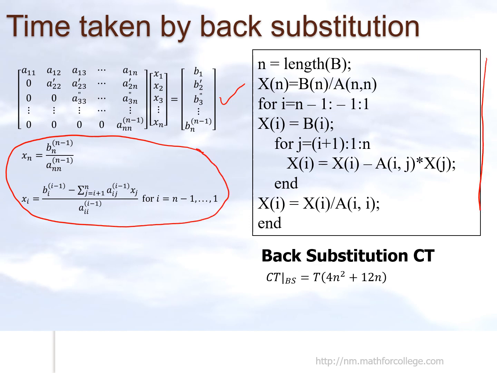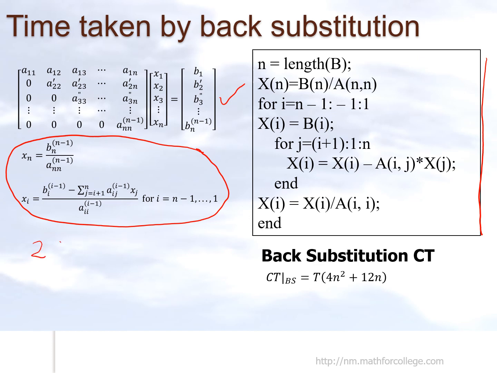What I'm giving you here is the code needed to do the back substitution in MATLAB, let's suppose. And the computational time will depend on how fast the machine is, and also on how many computations you're doing, how many floating point operations. So let's take care of the first concept, which is the clock cycle time.